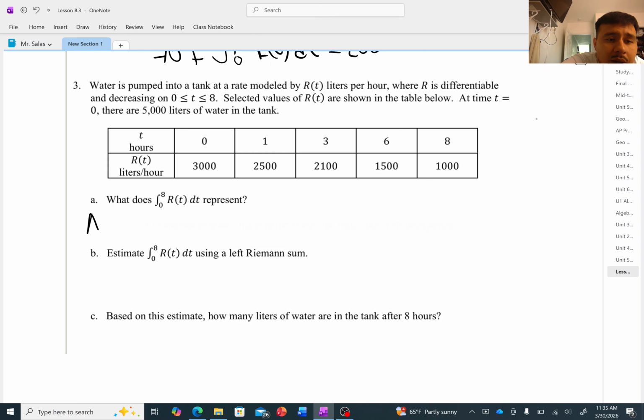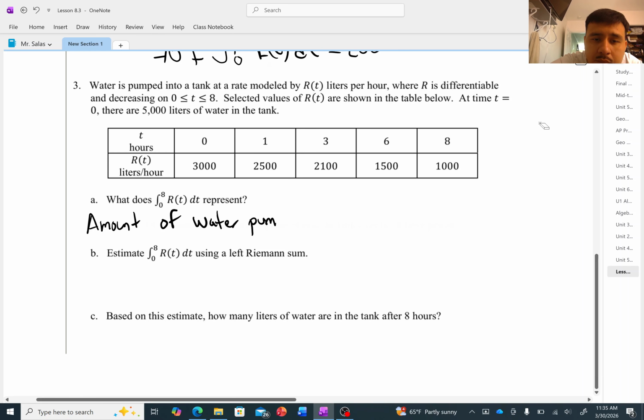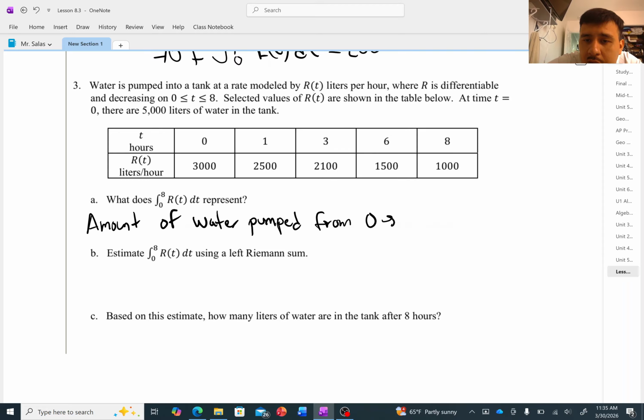So it's the amount of water pumped from 0 to 8 hours.